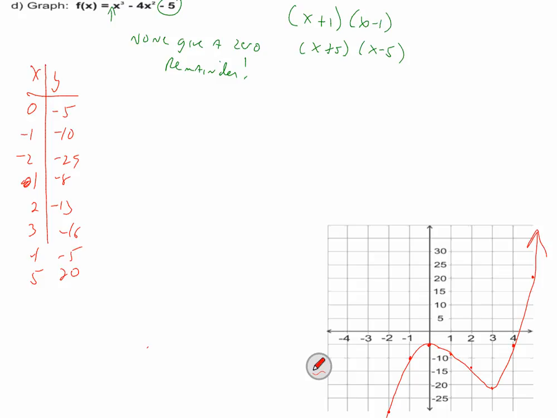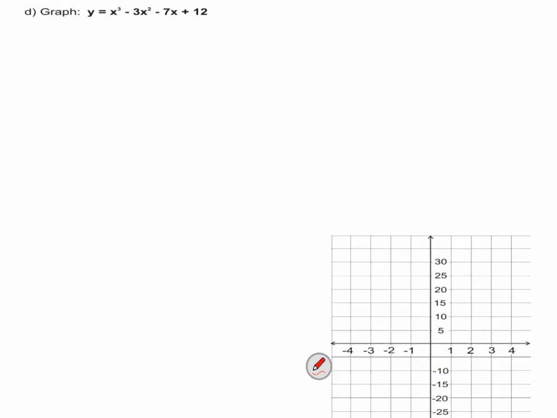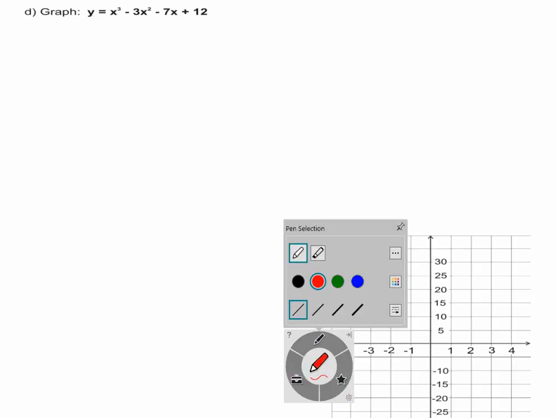All right, last one. Again, a full situation here. You've got to find the zeros, right? You got a 12.